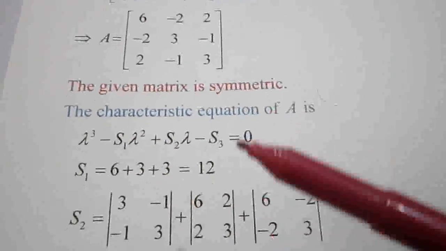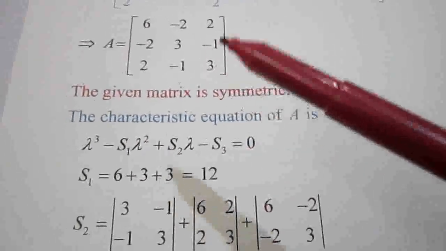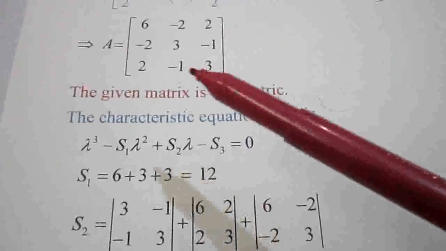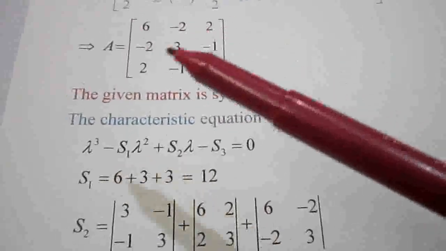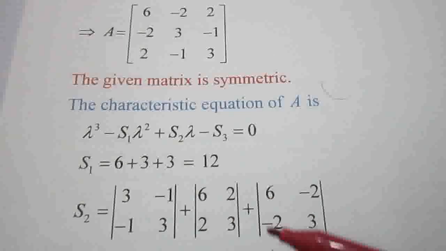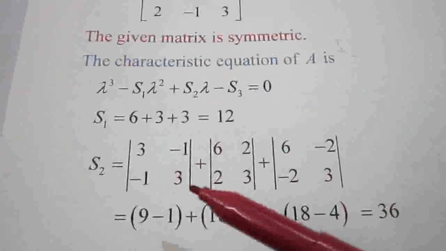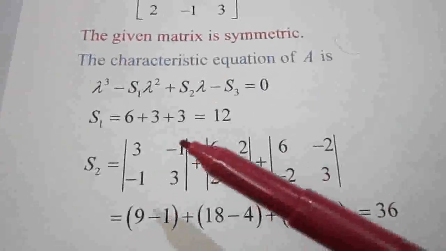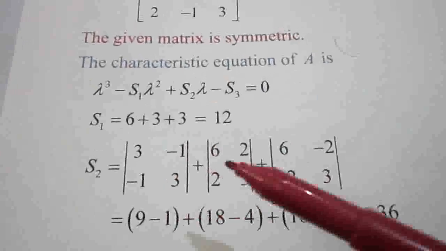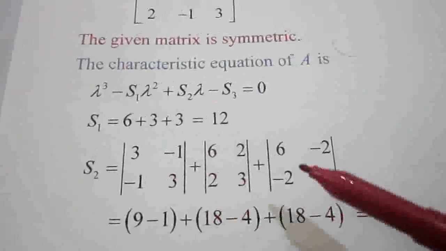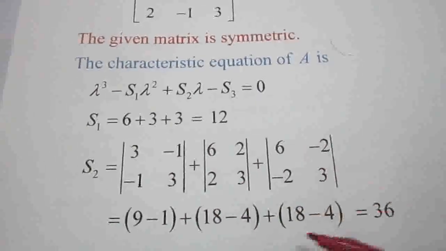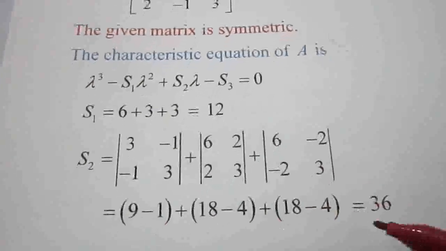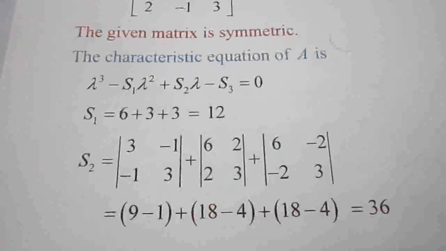And the last minor for 3 is, neglecting the row and column, 6, −2, −2, 3. Simplify: 3 times 3 is 9, minus of minus is plus, so 1, plus 18 minus 4, plus 18 minus 4. Simplifying, you will get 36. So s2 is equal to 36.